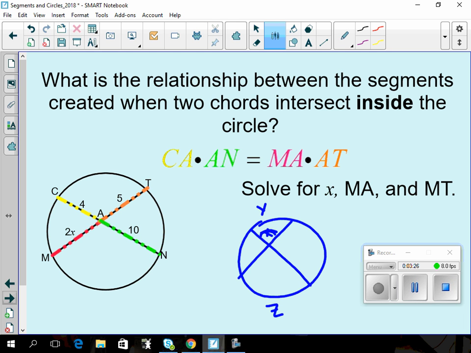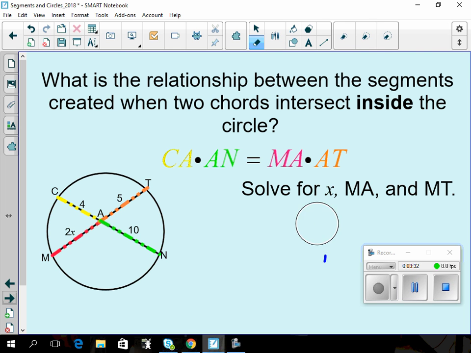But the problem is that we don't care here about the angles and the arcs. In this problem, what we care about is what is the length of the particulars, what is x, which is a length. So when two chords intersect inside of a circle, there's a relationship between their lengths.